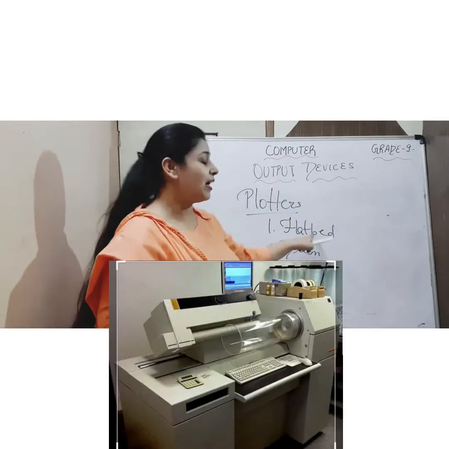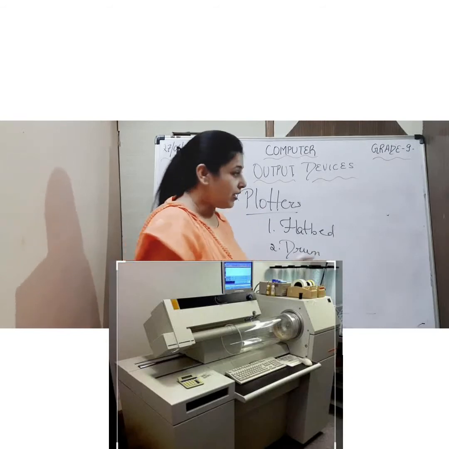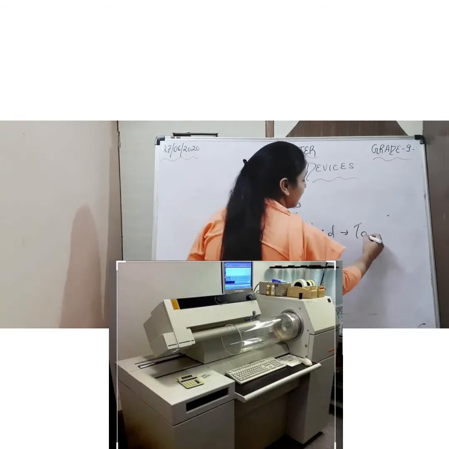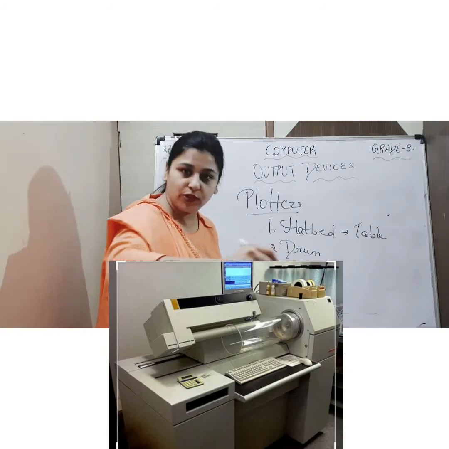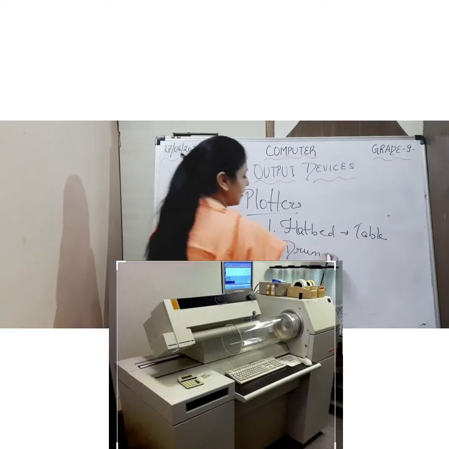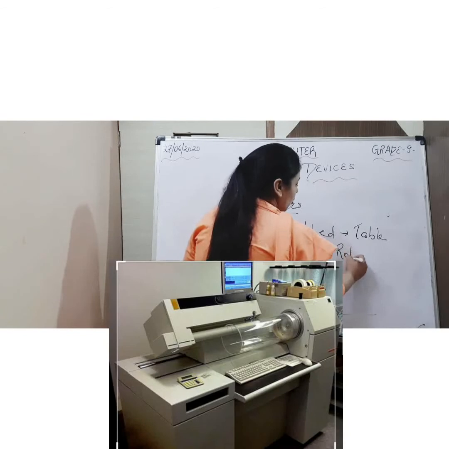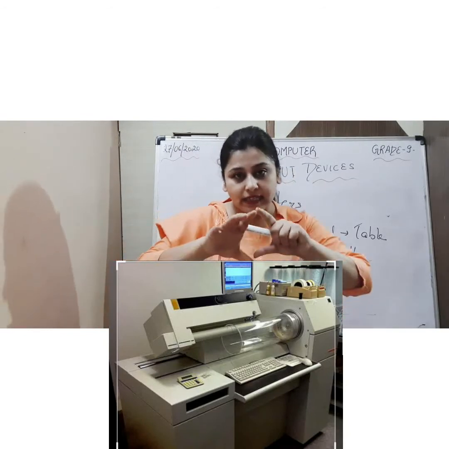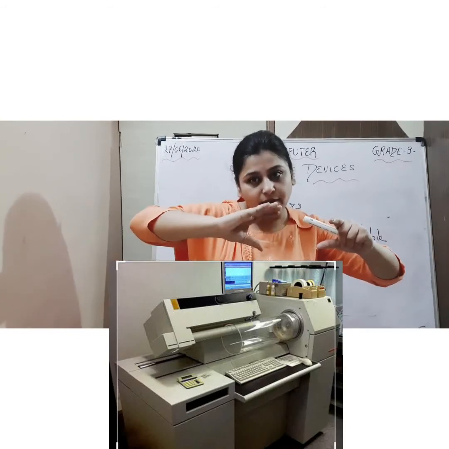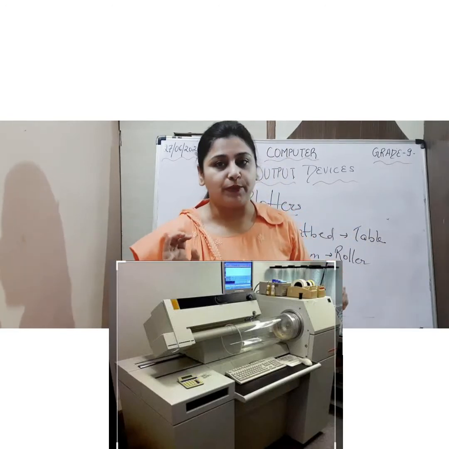See, the flatbed was known as a table plotter because the paper was lying on a table and the pen was moving. This drum plotter is also known as a roller plotter, because it consists of a drum on which the paper is placed and the drum rotates back and forth to produce graphics on the paper.